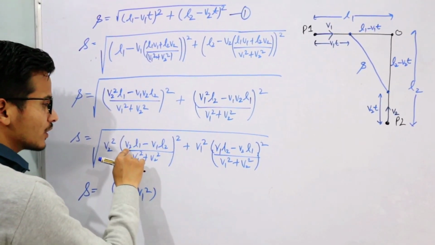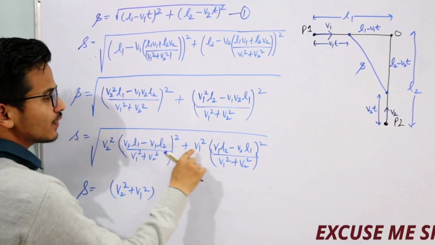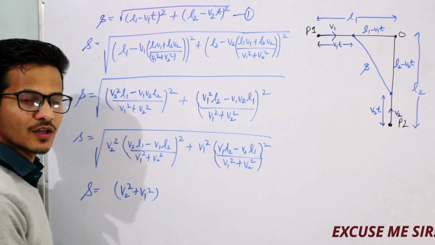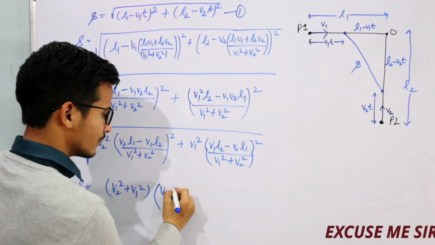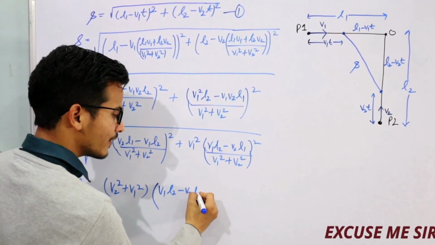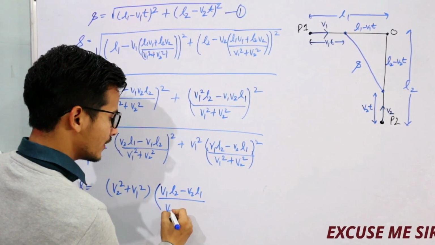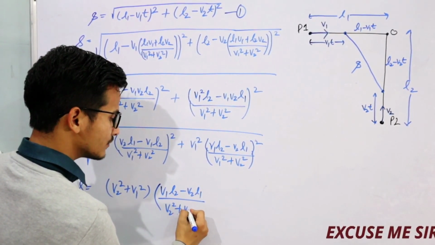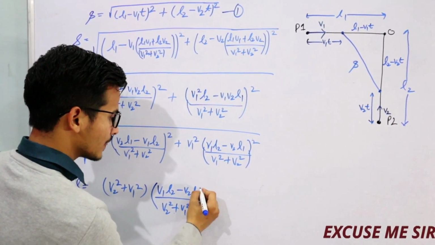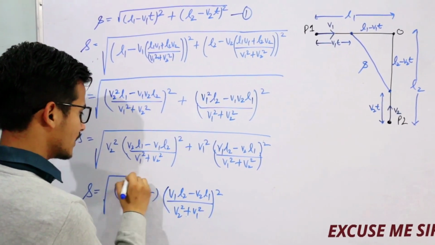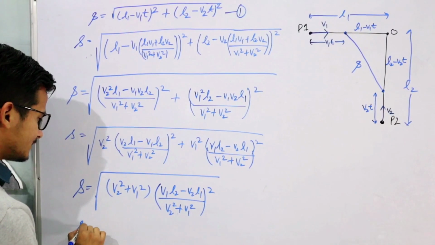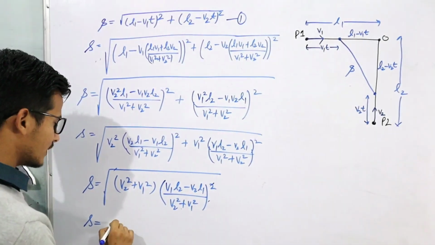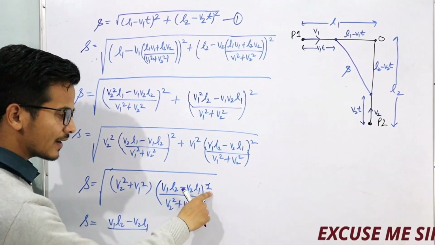V2 L1 minus v1 L2 and v1 L2 minus v2 L1 are both the same. So it will be equal to v1 L2 minus v2 L1 upon under root v2 whole square plus v1 whole square. On solving, the common terms cancel out.